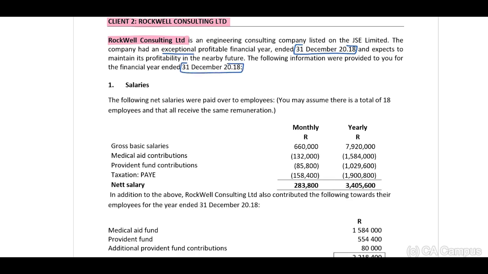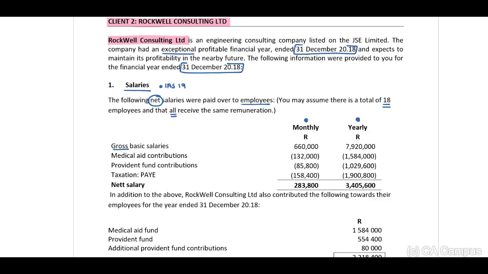Salaries. Immediately when we identify salaries, you need to think about your IAS 19 principles. The following net salaries were paid over to employees. You may assume there is a total of 18 employees and that all receive the same remuneration. Now, when you look at this, they provide us with a monthly amount and a yearly amount.